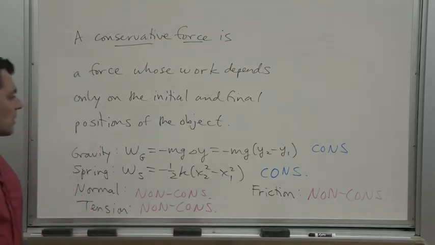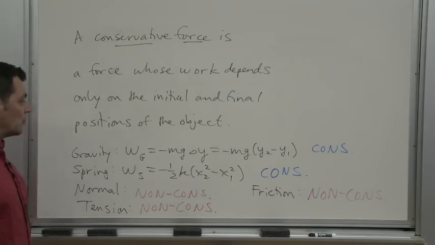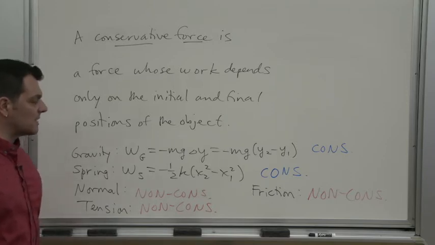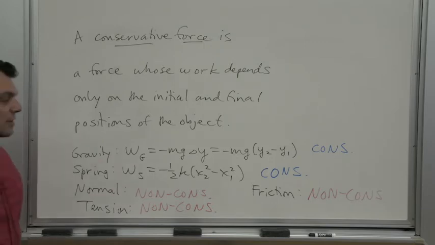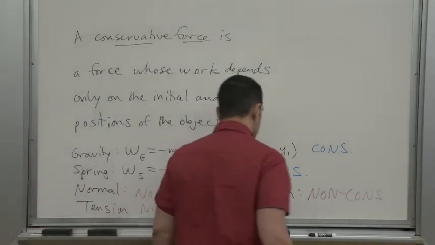Okay, so we've broken our forces into groups. We have two forces that are conservative, and all the other forces that we've talked about until now are non-conservative. So what do we do with this?